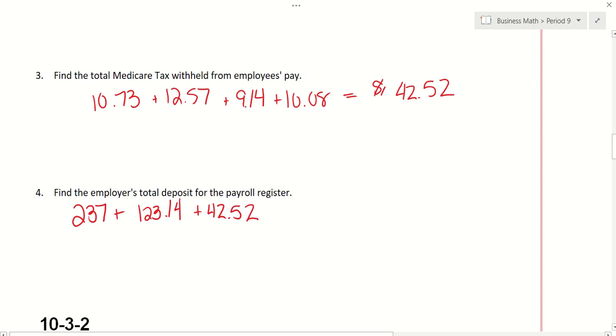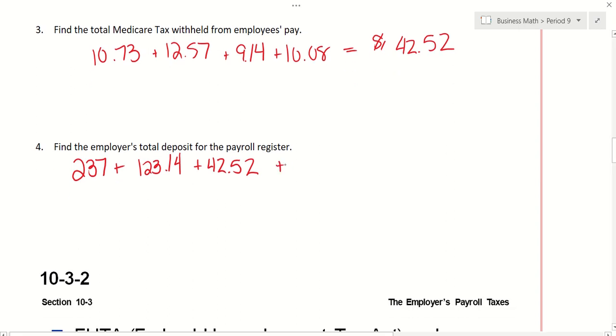But one thing we're missing is the employer's Social Security for the payroll. So you need to add up that and get 181.78.